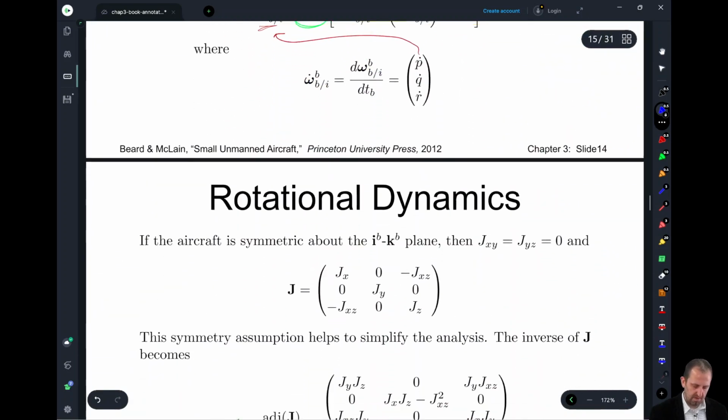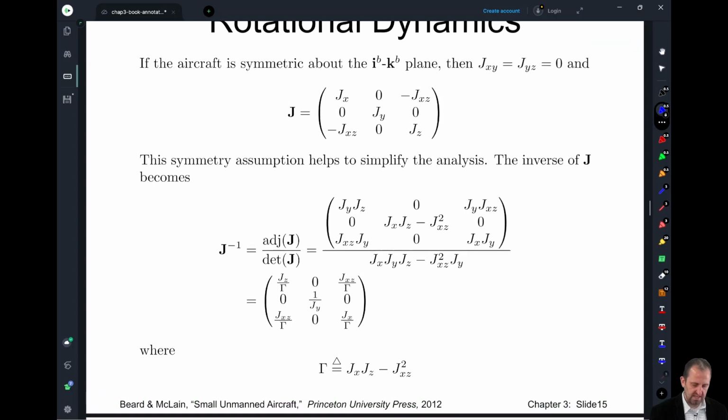Coming back down here, what that does is cause elements of J to be equal to 0. So the XY and the YZ are then equal to 0, and J gets simplified just a little bit. The symmetry helps us define the inverse.